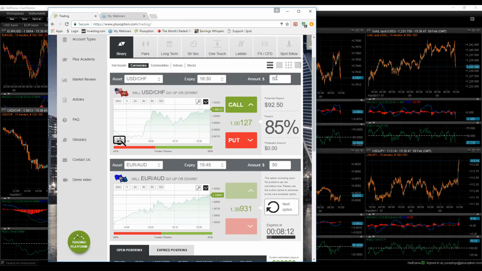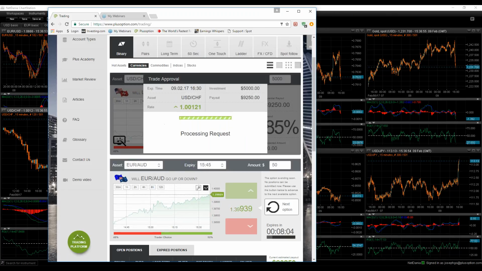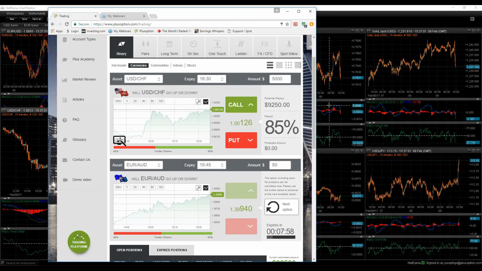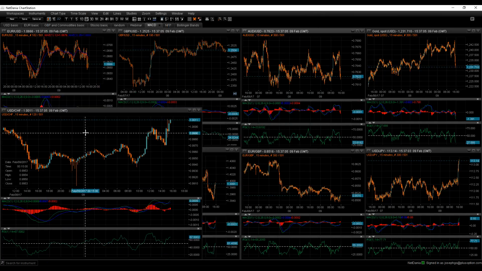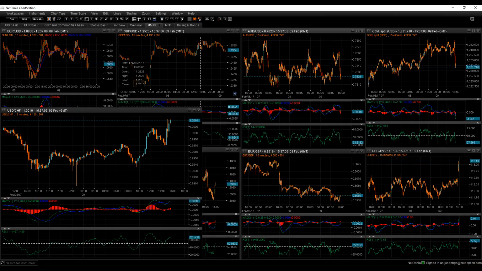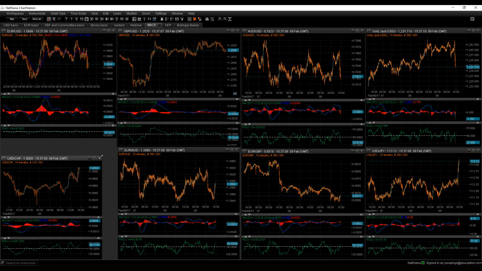So 1630 would be a good trade for right now. So if you enter your trade amount, I'm going to take a call position for USD CHF for 1630. Hit apply. And let's look for some other opportunities here. So that was a USD CHF call for 1630.